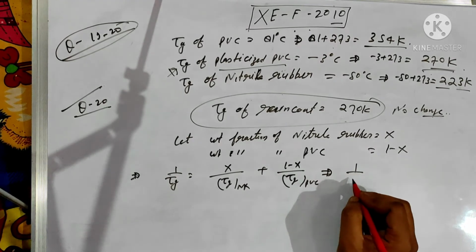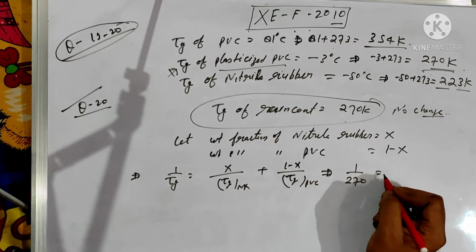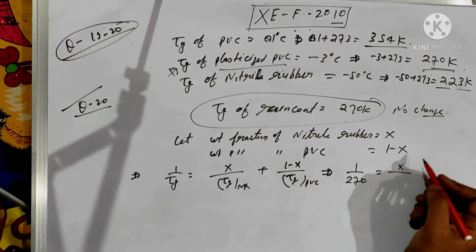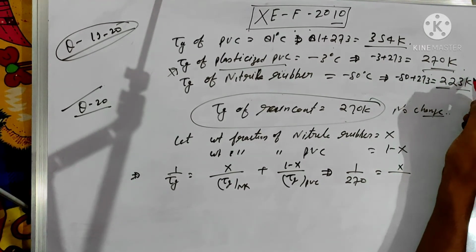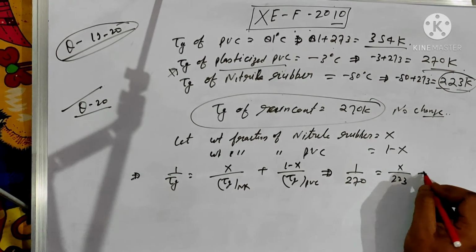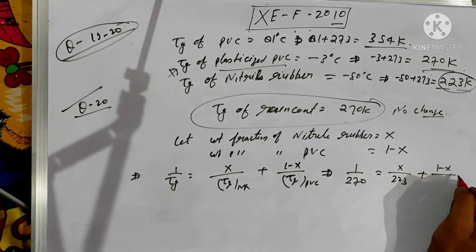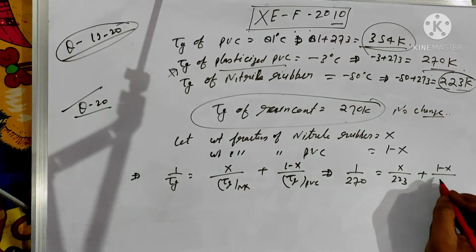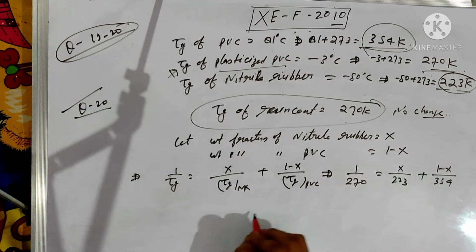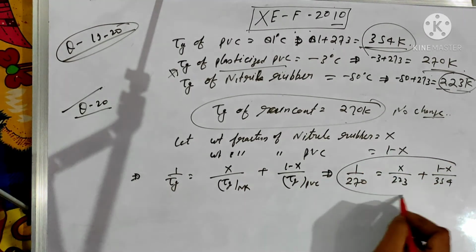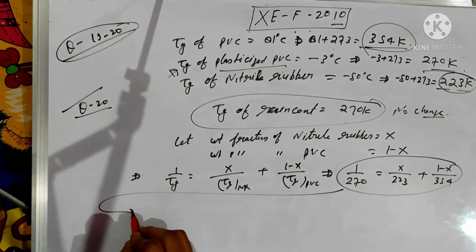Then 1 upon Tg, 270, is equal to X upon the glass transition temperature of nitrile rubber, given as 223 Kelvin, plus 1 minus X upon the glass transition temperature of PVC, given as 354.